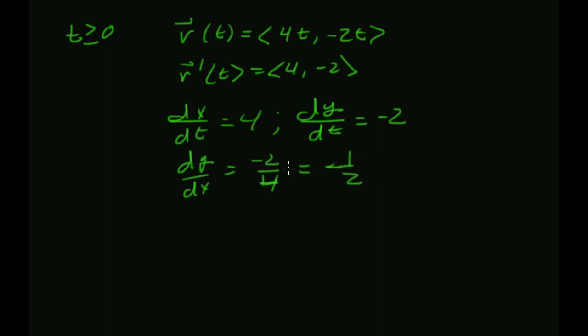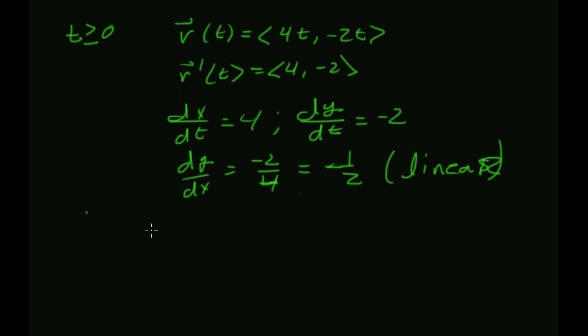So this is a constant rate of change. This particle has a constant rate of change. It's not dependent upon t. That means my path is linear, because it has a constant rate of change. Okay, so a little algebra 1 there.